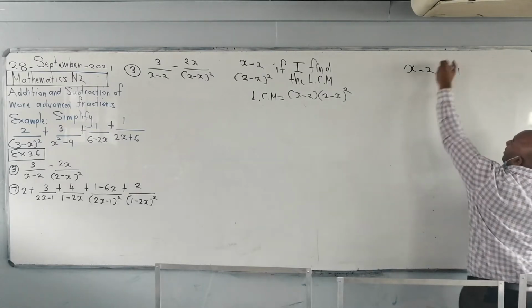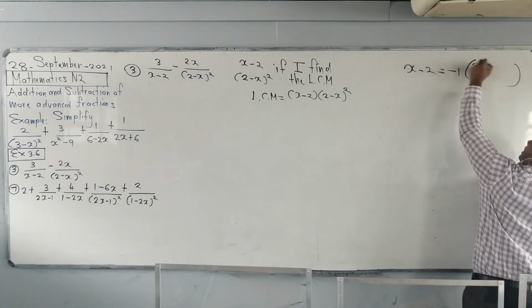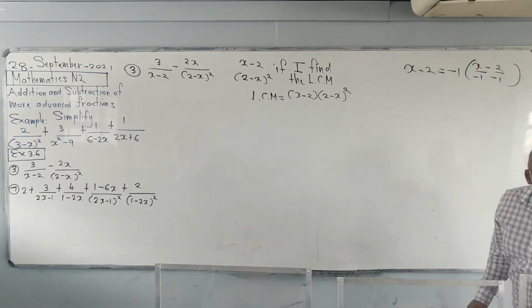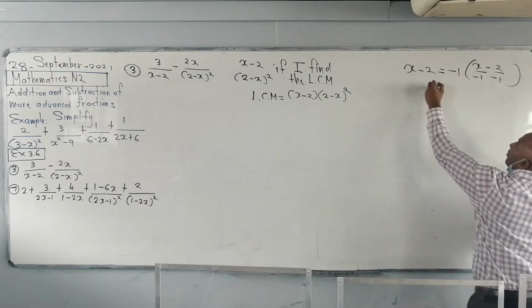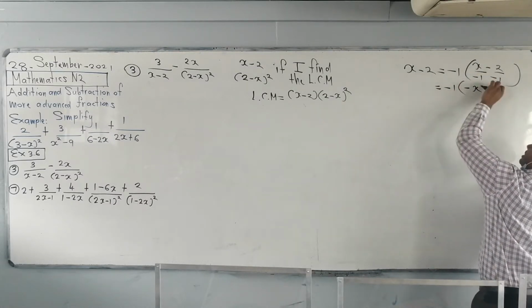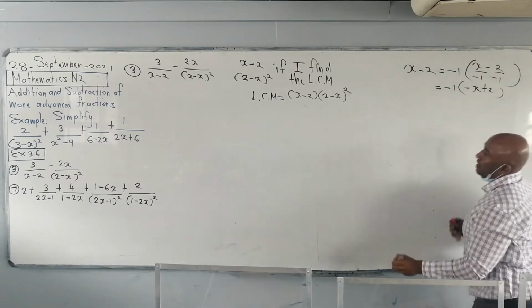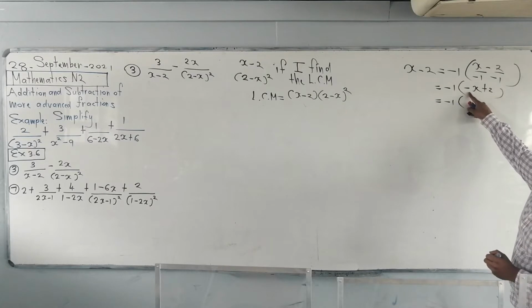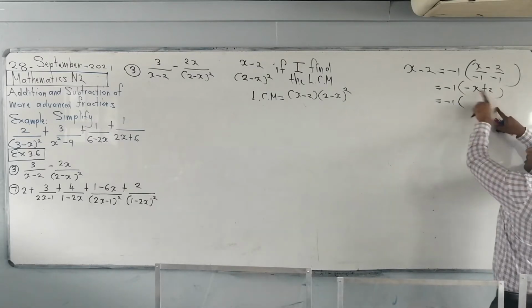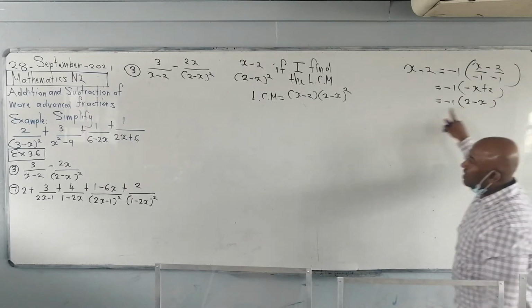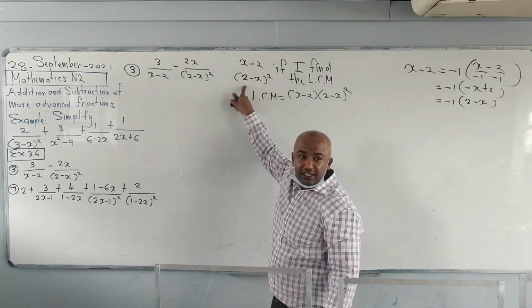Watch what will happen. If I pull out a minus 1, that means I'm dividing by minus 1. So x divided by minus 1 is minus x, and that will become a plus 2. So minus x plus 2, if I write the 2 in front, becomes 2 minus x. It's similar to the 2 minus x here.